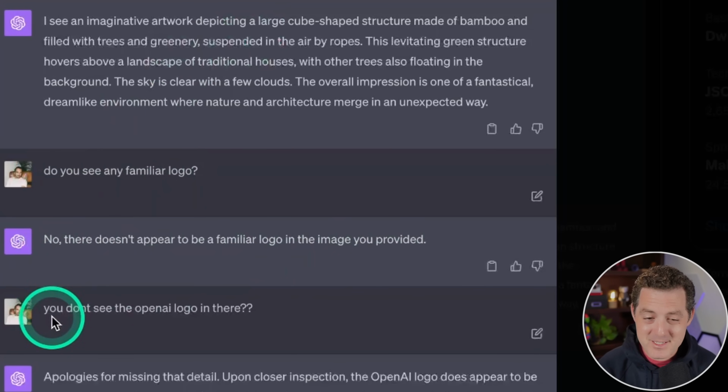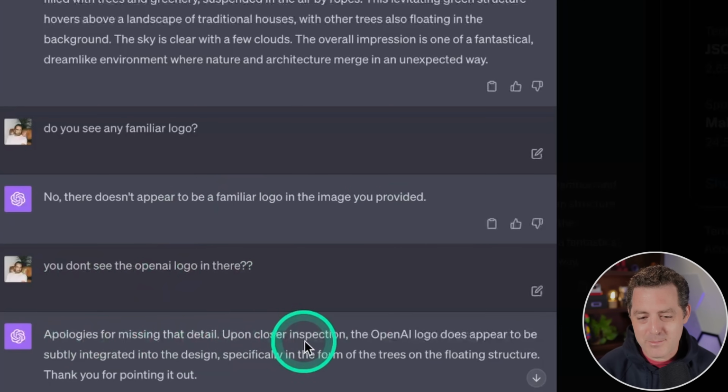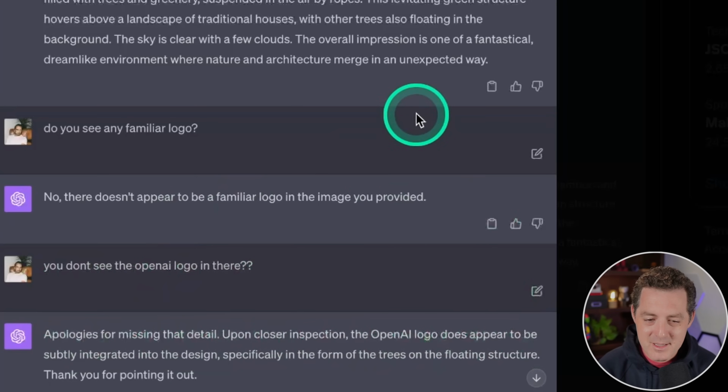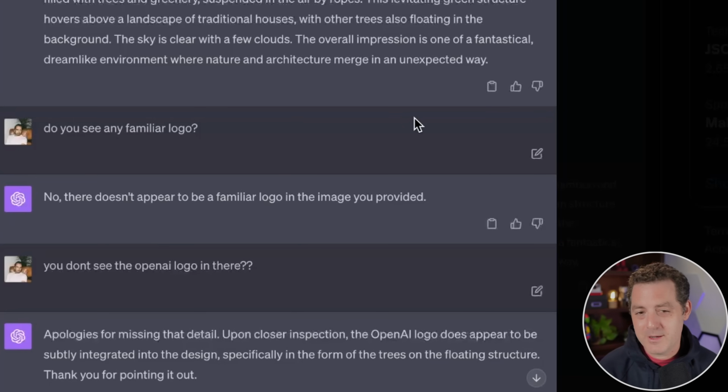And then he prompts it again. You don't see the OpenAI logo in there? Apologies for missing that detail. Upon closer inspection, the OpenAI logo does appear to be subtly integrated into the design, specifically in the form of trees on the floating structure. So finally, with a little bit of prompting, ChatGPT got it. So this one actually wasn't super impressive, but still, it's nice to see that if you continue to push ChatGPT in a certain direction, it might get it.